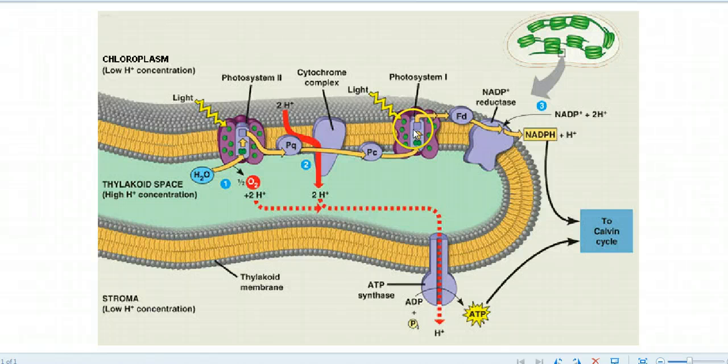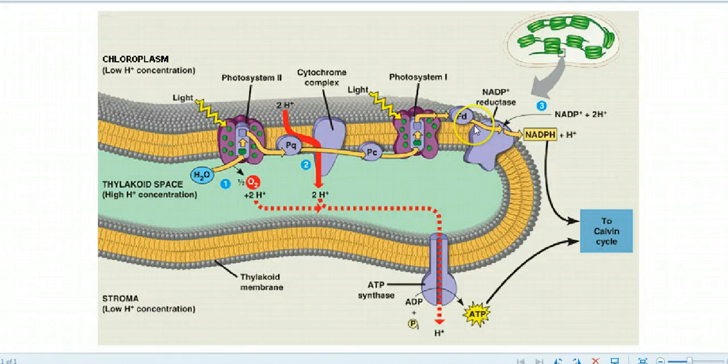Photosystem 1 now. Something similar is going to happen here as in photosystem 2. So all these little green dots are accessory pigments. The electron, having traveled through the first electron transport system, used all of its energy to bring in hydrogen. Now it doesn't have as much energy. But the light that's absorbed from the accessory pigments and passed on to the reaction center gives it an energy boost again. So now this electron has more energy, and it's allowed to pass through another electron transport chain, which is located right in this area.